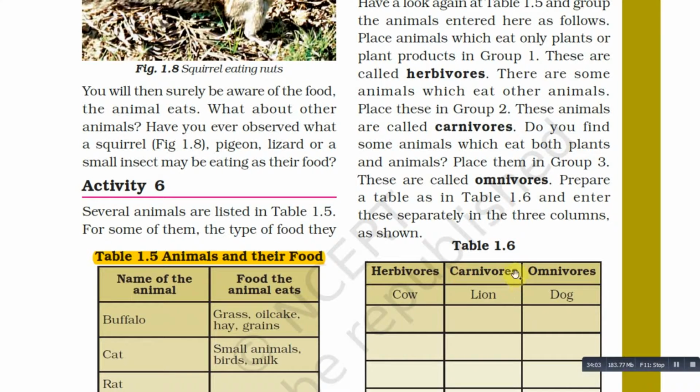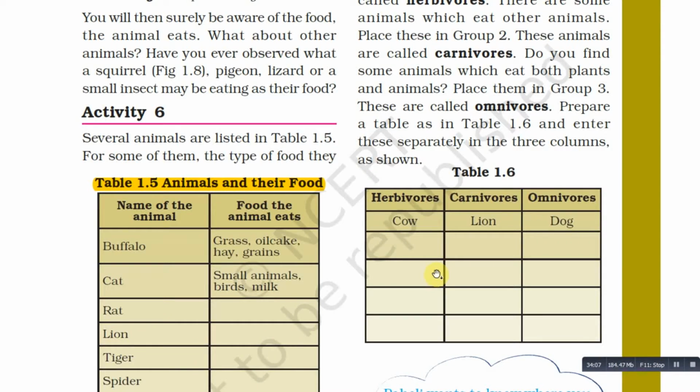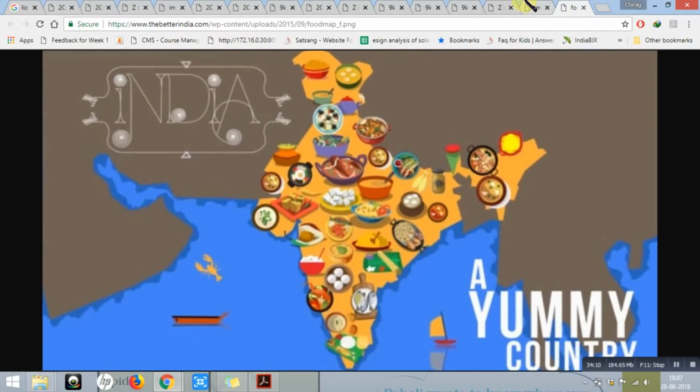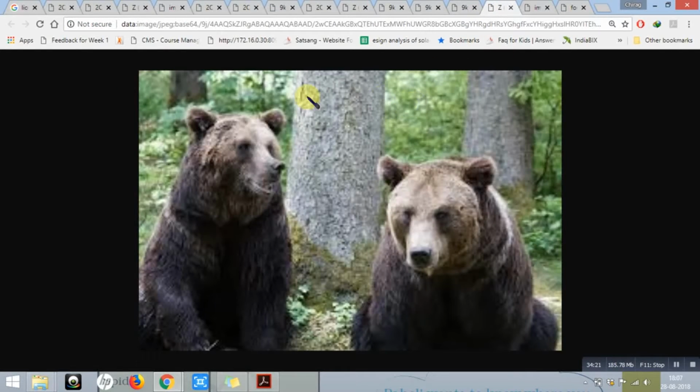Enter these, like these, you have to make a table. For your understanding, I will show you some photos. Now you decide which is this one. Kangaroo is which one? Kangaroo is a herbivore.